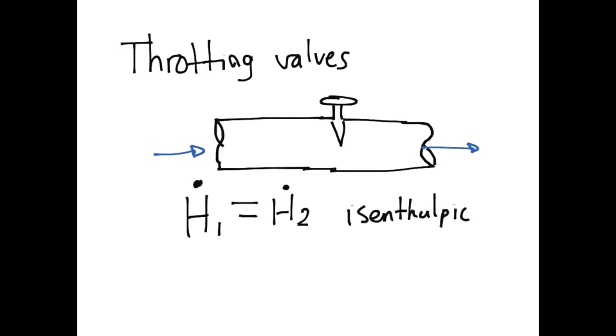And the situation there, for instance, is that the internal energy can be converted into flow energy. So what is going to happen here is that the internal energy is going to decrease, since enthalpy is going to be the same.